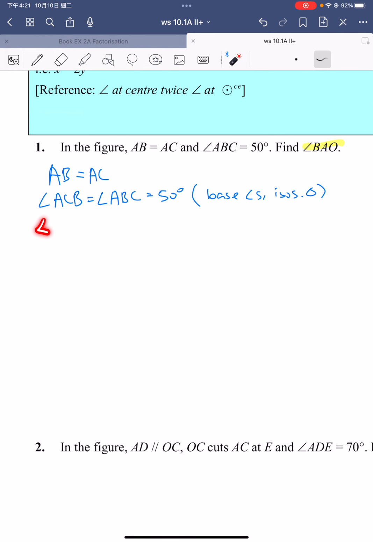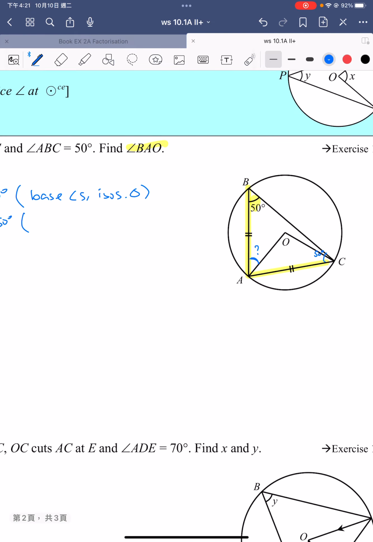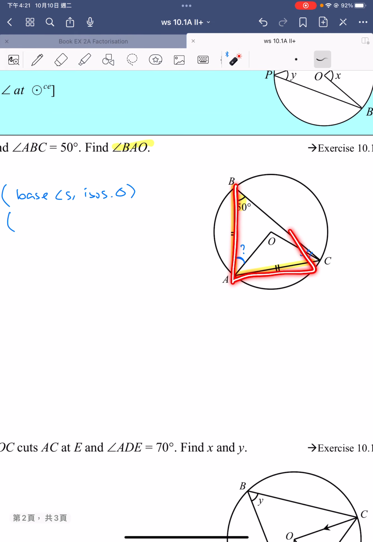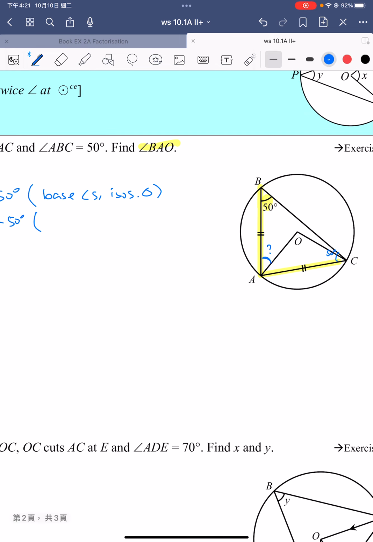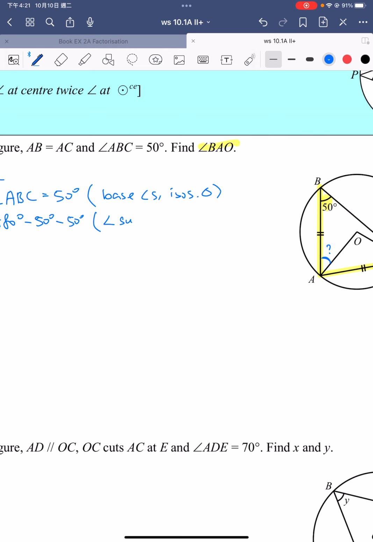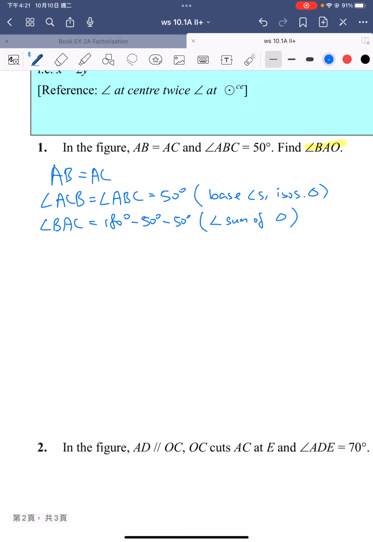The angle BAC is equal to 180 minus 50 minus 50. And the reason for that is we are calculating the angle sum of triangle. So we can calculate that the angle BAC is actually equal to 80 degrees.